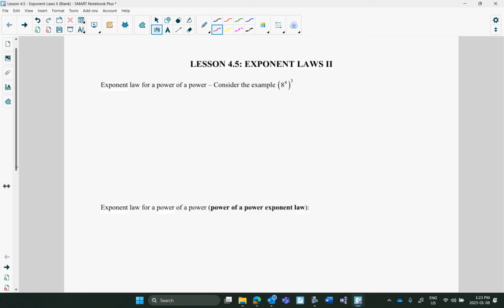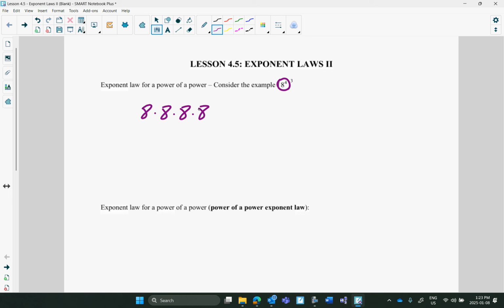That's okay. So let's think about it. 8 to the 4th to the 3rd. Doesn't that mean we've got to do 8 to the 4th times 8 to the 4th times 8 to the 4th? We've got to multiply this by itself 3 times. Well, 8 to the 4th is this.